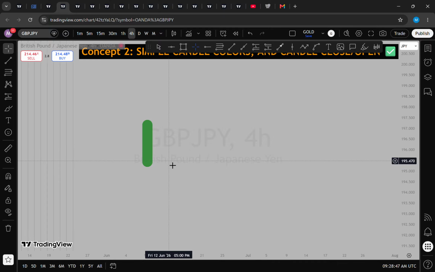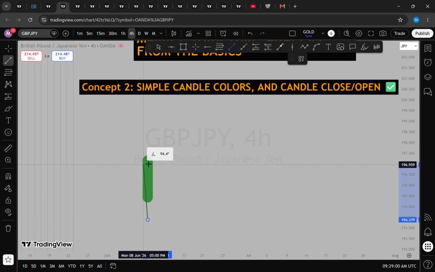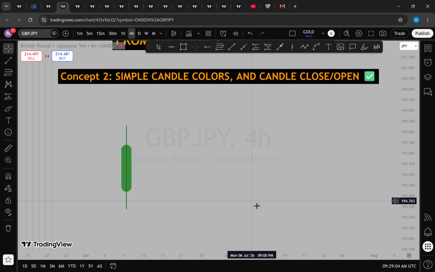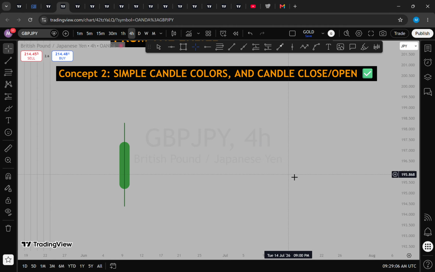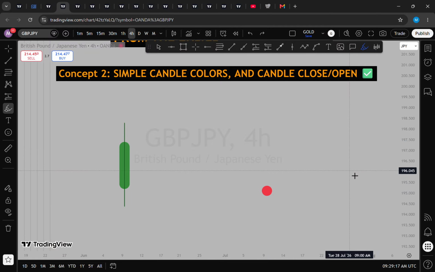I'm going to start with a bullish candle. Now let me add the wick. Then I'm going to draw another candle here as the bearish candle.